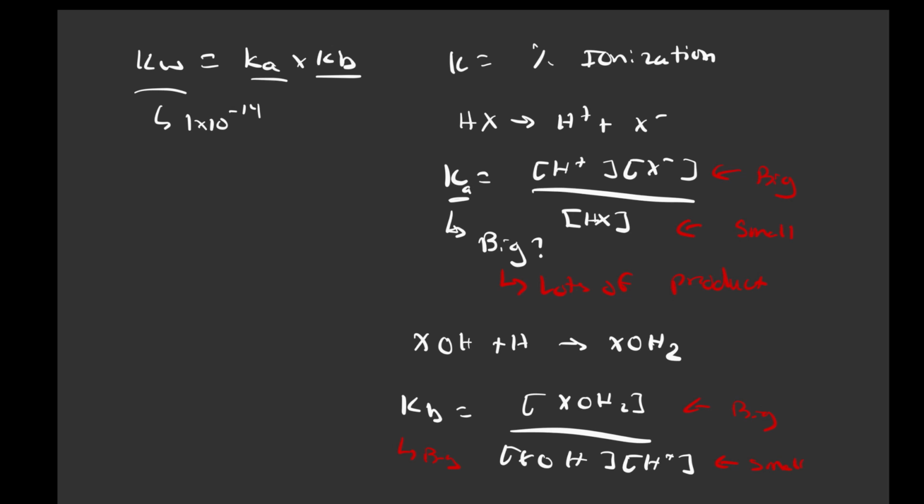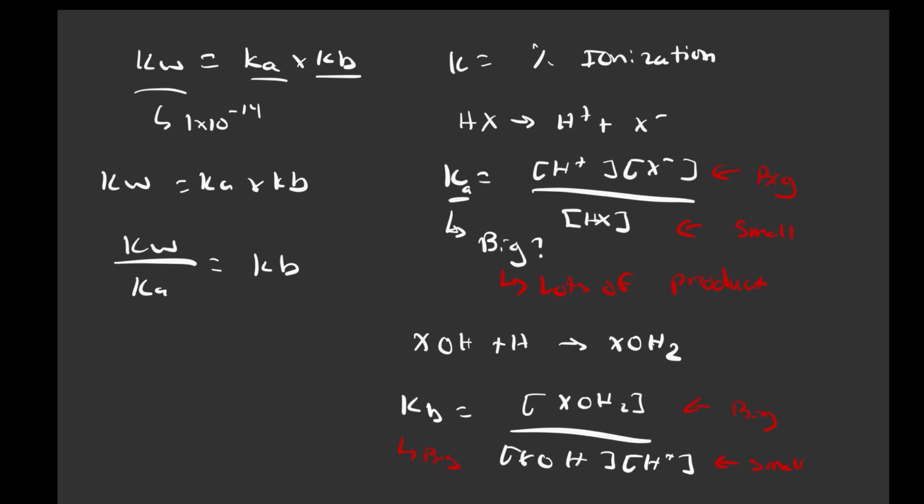Now combining all that with the equation up top, if Kw is equal to Ka times Kb, we can manipulate this equation and say that Kw over Ka is equal to Kb. What happens then if Ka is a really big number?